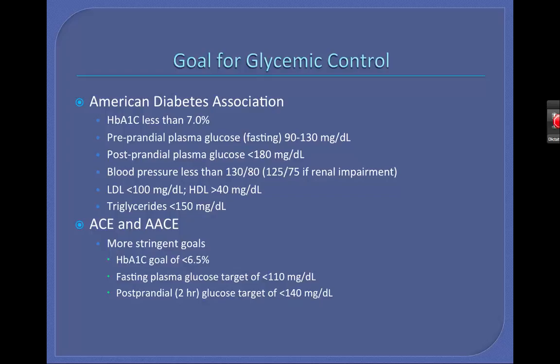LDL is less than 100, HDL greater than 40, and triglycerides you want less than 150. And again, the LDL is really a percentage. Whatever the LDL is, we want it to be lower, at least 50%, with the specific statin we choose based on the patient's presentation.